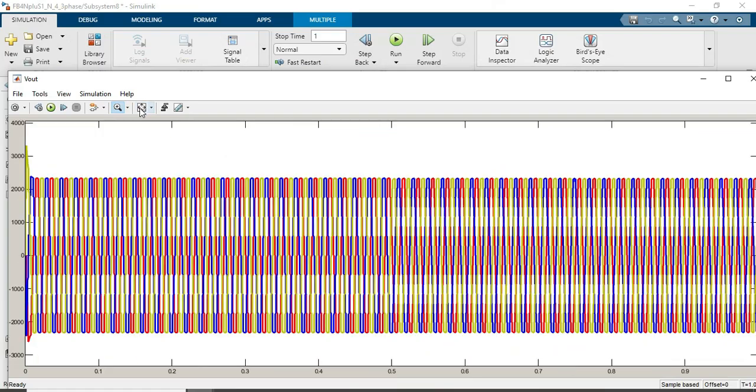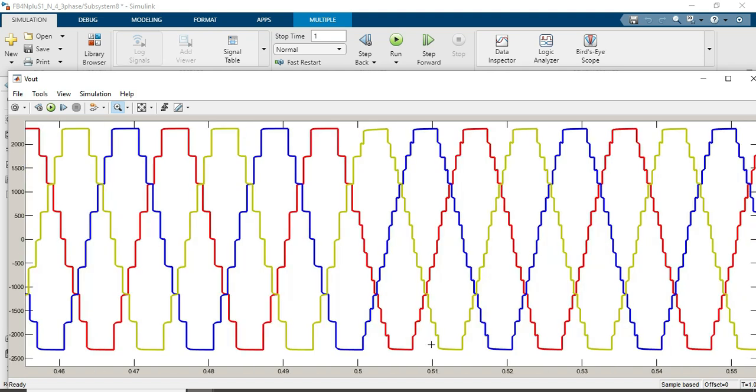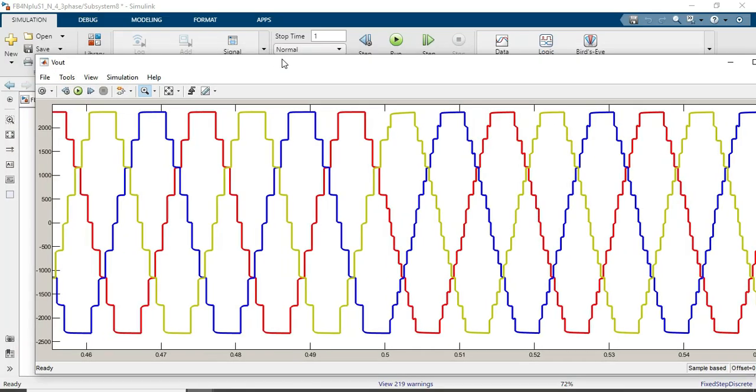So basically these are the results, and at 0.5 seconds I am enabling the control for my full bridge. As per the literature, the full bridge submodule will provide us 2N+1 output levels when a conventional control is applied to it. We are using four submodules, so we get 2N+1, meaning 2 times 4 plus 1, which is 9.